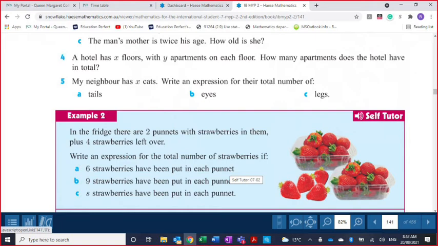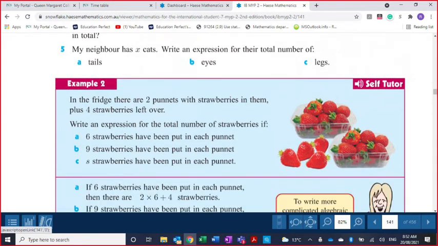And there are 6 in this one, plus these extra 4. Okay? So there's no unknown. In other words, they're not giving you an unknown anymore. They're telling you how many are in each one. So this is just going to be a straight arithmetic sentence. There are 2 punnets. Each one has 6, so that's 2 times 6, the number of strawberries.